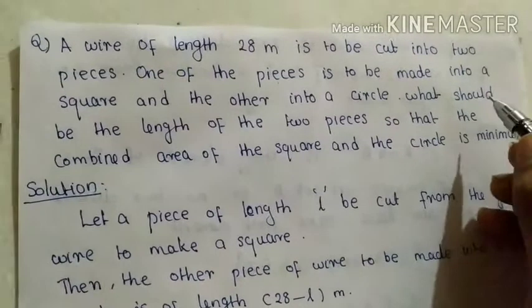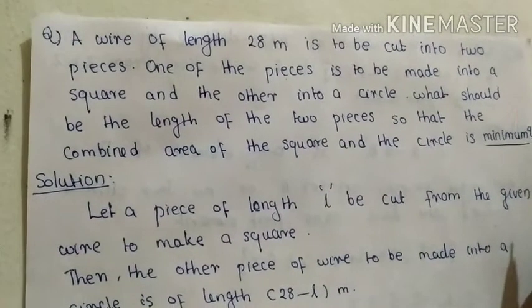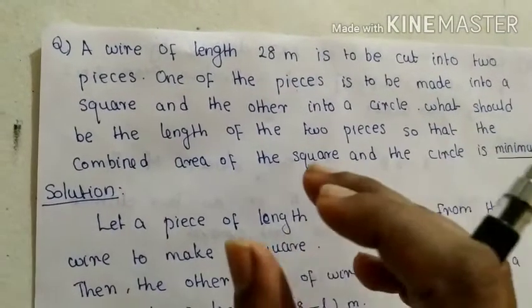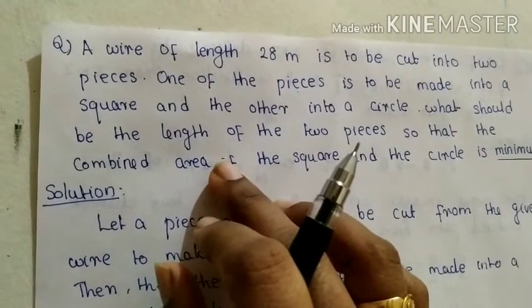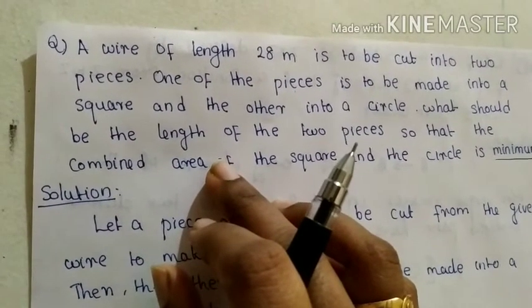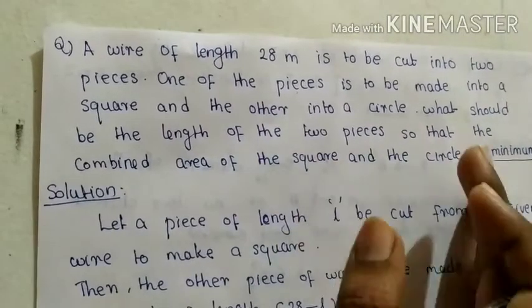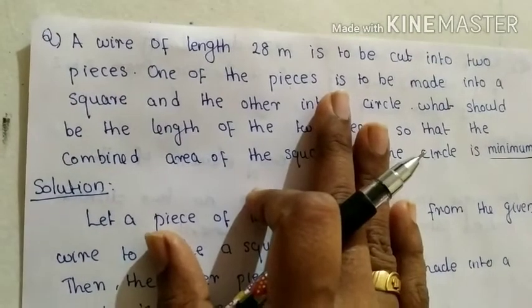So note the point, minimum. In this question we need to find out the length of the two pieces, with the condition that the combined area of the square and the circle is minimum. So let's start the solution of this question.